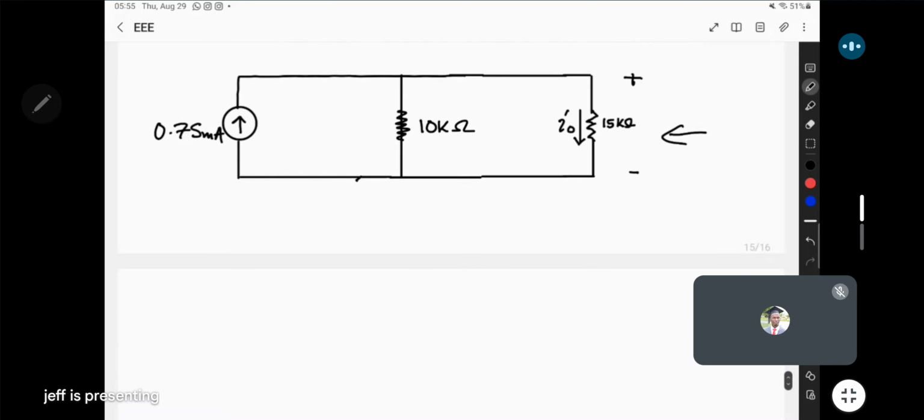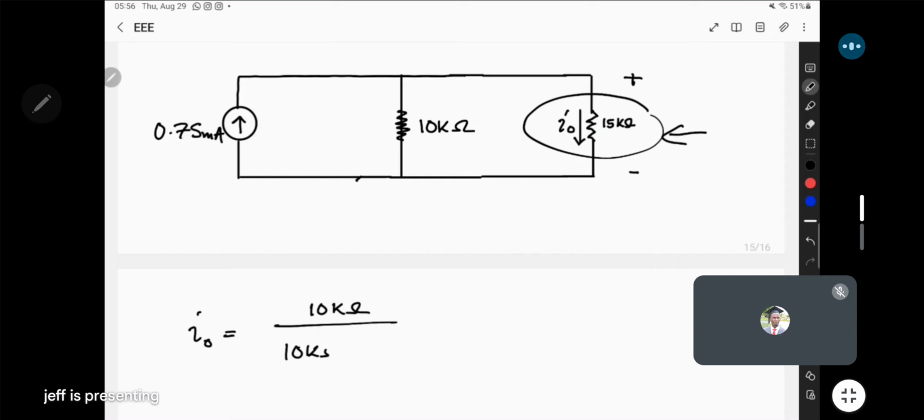We can use current division since they're parallel, and it's a current source we are sharing. I0 will be equal to, so again, to find the current that comes to this one, it's the other resistor, which is 10 kilo ohms, divided by the sum, 10 kilo ohms plus 15 kilo ohms, multiplying the current they are sharing, 0.75 milliamps.